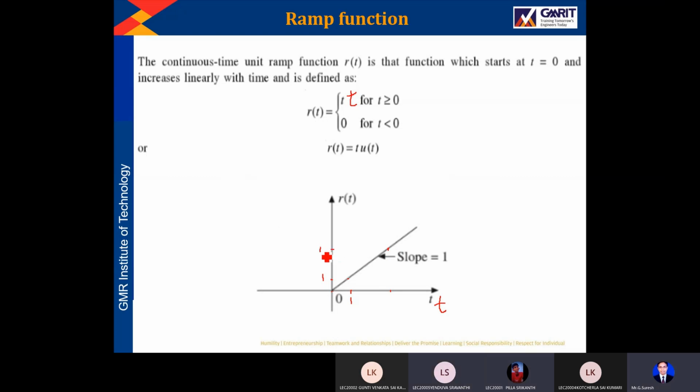Good, it will be 5, because we have given that r of t is equal to t, right? So what happens when t is less than 0, negative values? It is 0. For all the negative values of t, r of t is 0. Is it clear? Any doubts?